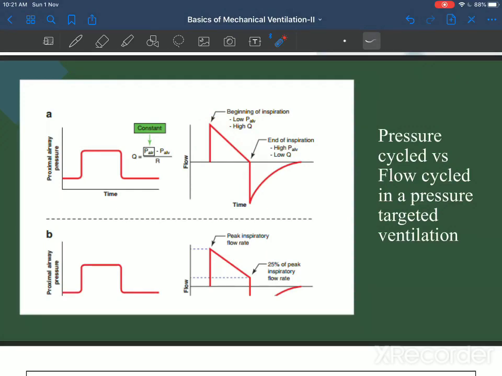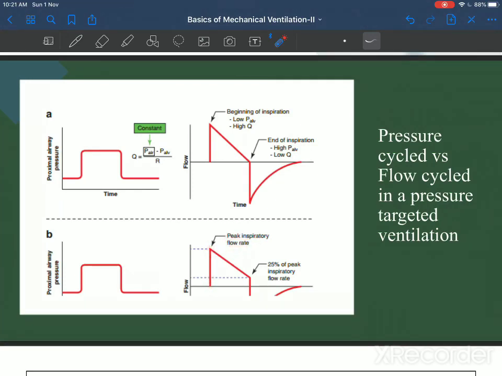Okay. Now, pressure targeted but flow cycled. Again the pressure is targeted, so this remains constant. If it is flow cycled, what determines the cycling here? It is the flow. So the flow rises, and that is the peak inspiratory flow rate.